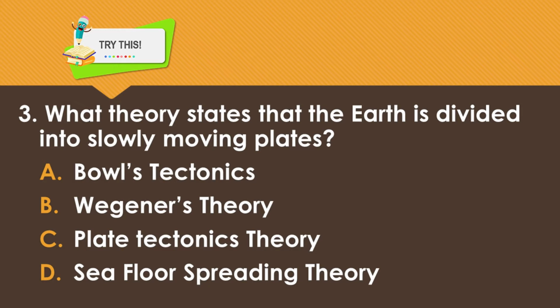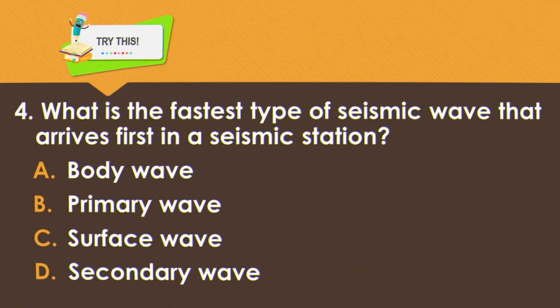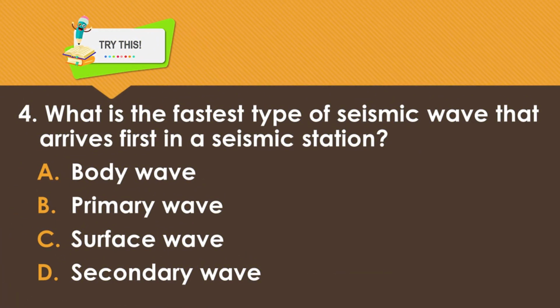C. Plate tectonics theory. D. Seafloor spreading theory. 4. What is the fastest type of seismic wave that arrives first in a seismic station? A. Body wave. B. Primary wave. C. Surface wave. D. Secondary wave.